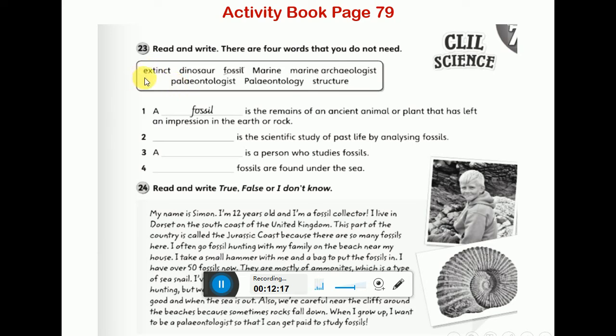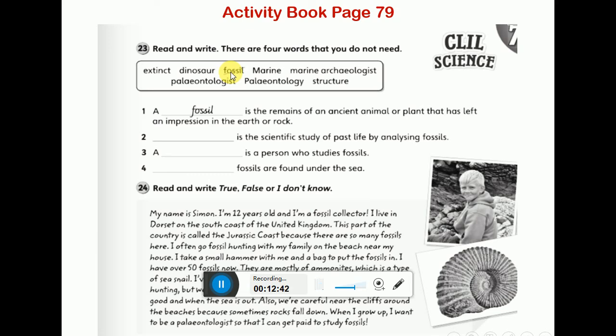Extinct. Extinct. And I've told you before, extinct means what? Do you remember? Yes, it means animals or plants that disappeared a long time ago, exactly for the last 50 years or more. They do not live on earth now. Like dinosaurs, they are extinct animals.